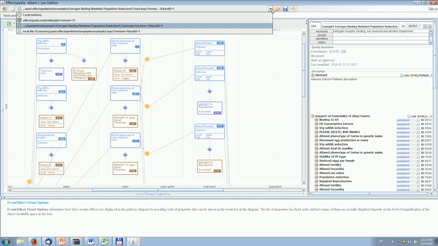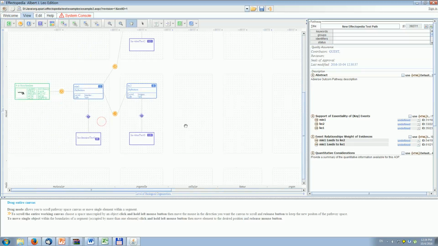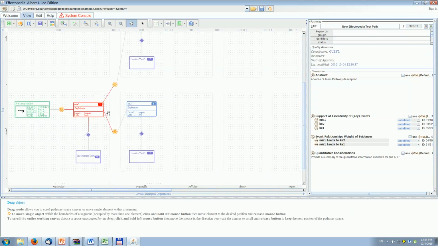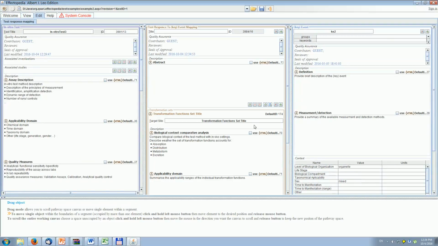Now I'm going to show you how all of this can be done with our previous example. So again, we had those two key events here, and no transformation functions has been applied. But let's go here at the second one and create a new transformation set.